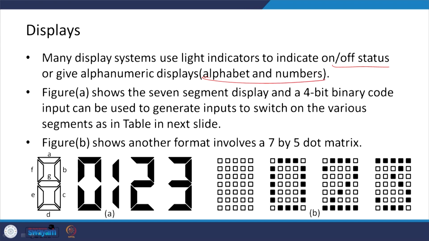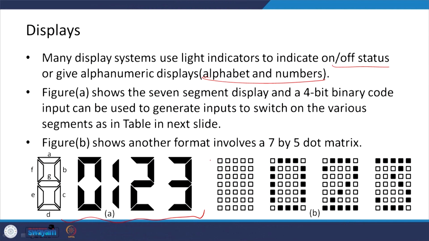Here, as you can see, this is the 7 segment display, and there could be a 4 bit binary code input that can be used to switch on the various segments, which I can explain in the next slide. We could also have another format, a 7 by 5 dot matrix, with 1 to 7 rows and 1 to 5 columns, and by lighting different elements we can generate the alphanumeric characters.